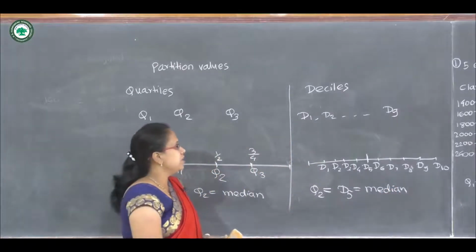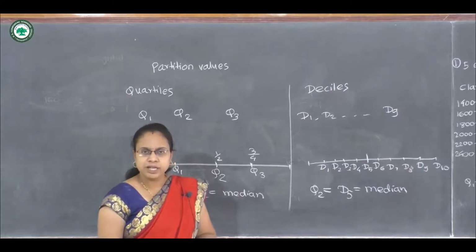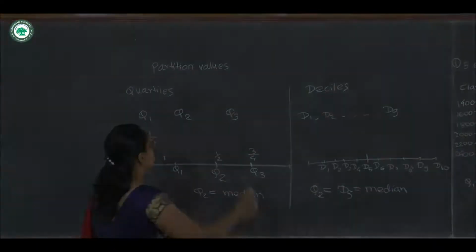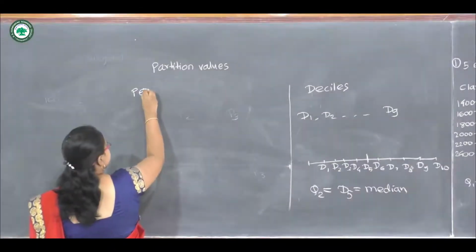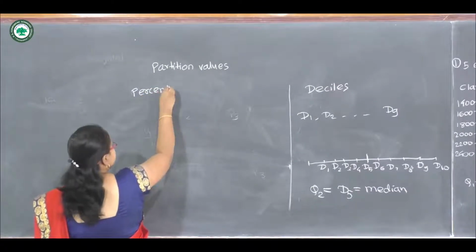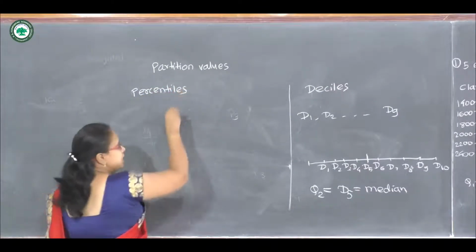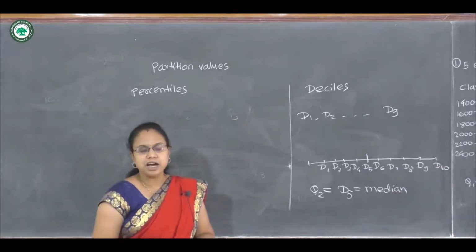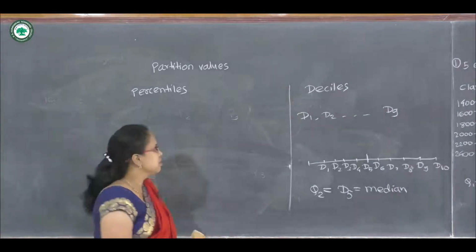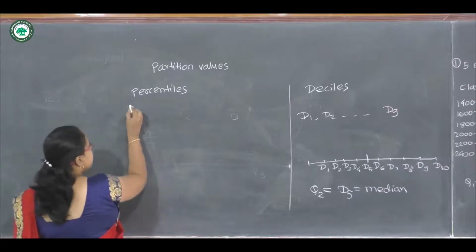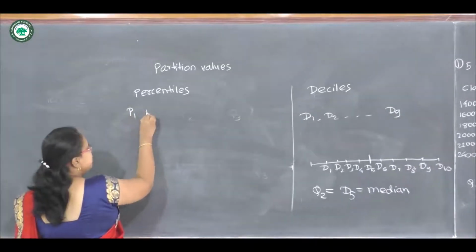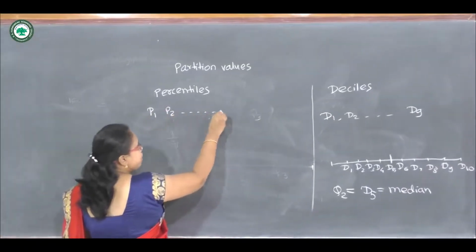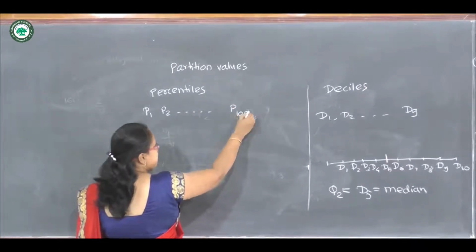Okay, then the next partition value is percentiles. Percentiles divide the entire data into 100 equal parts. We will denote them as P1, P2 and so on up to P100.